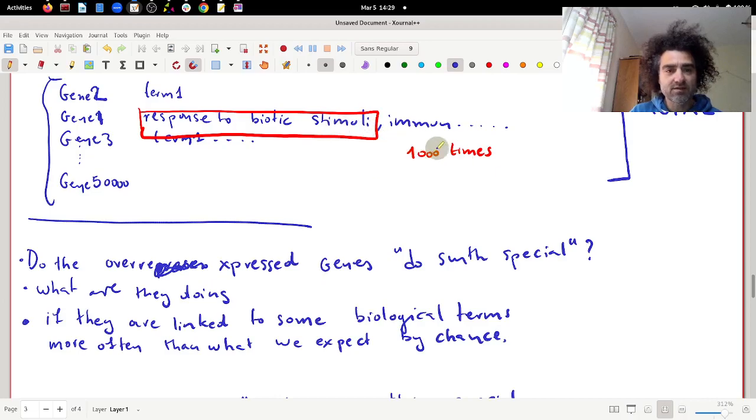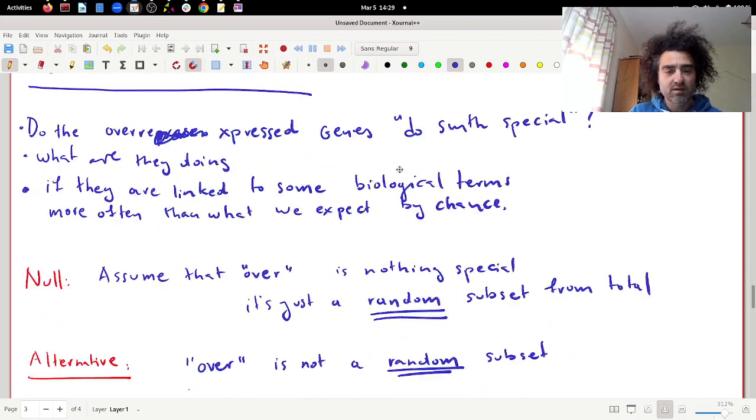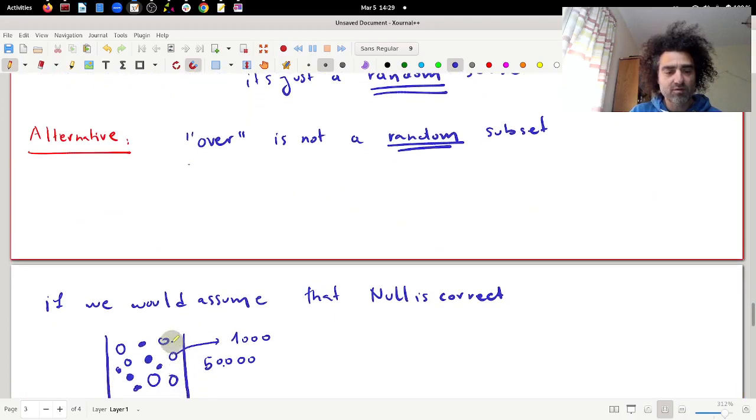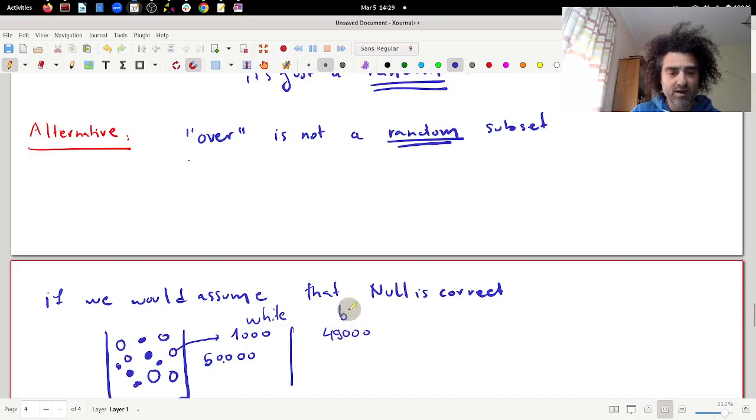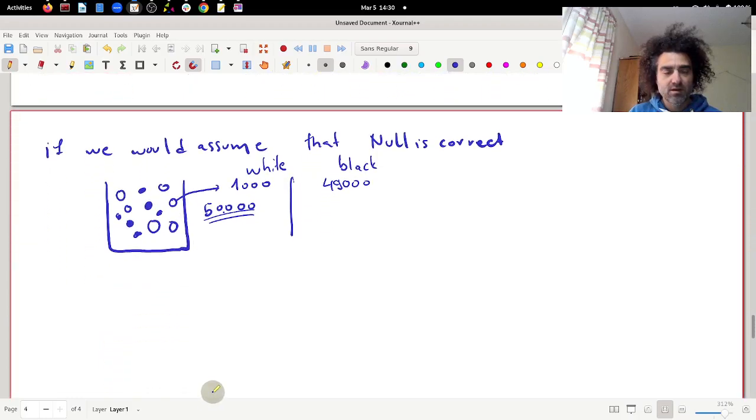Since these are 1,000, we have 1,000 balls that are white here, which means that we have 49,000 balls that are black, since in total there are 50,000 balls inside here. Okay, so this is the total.